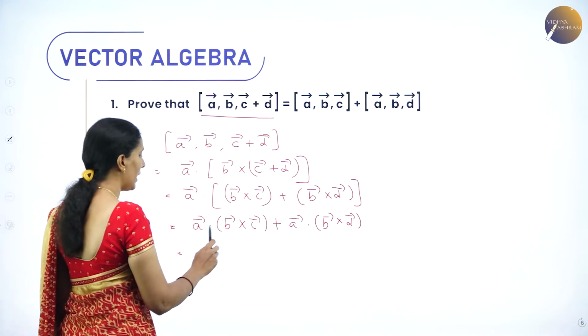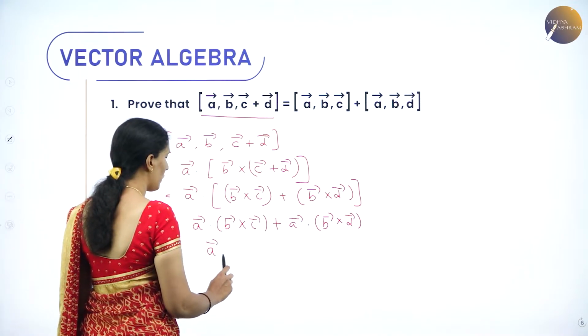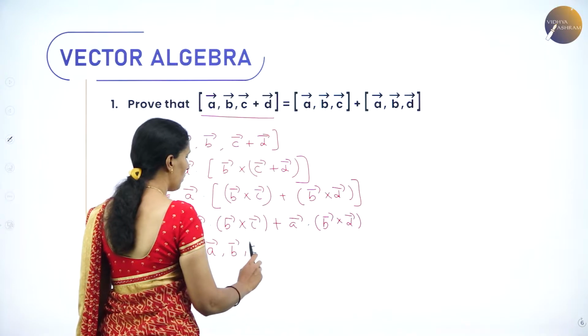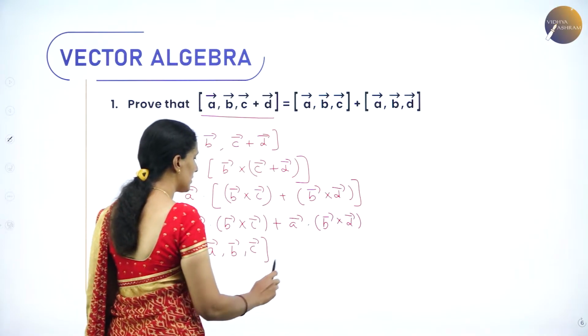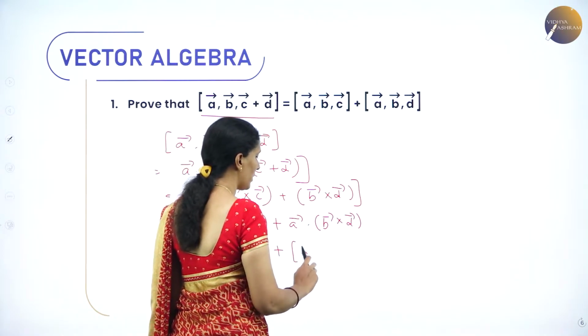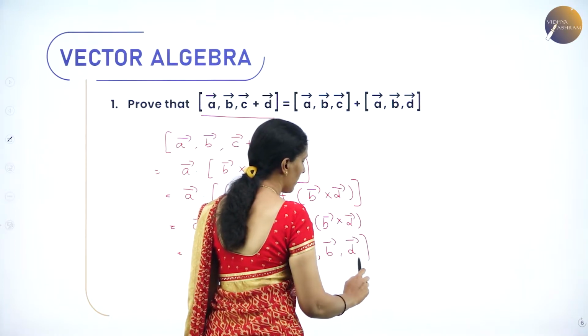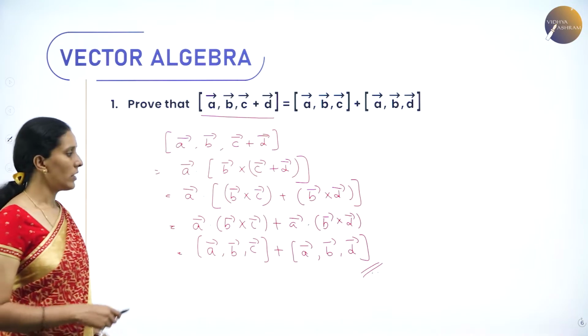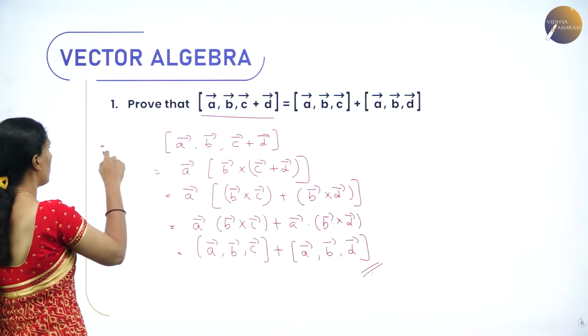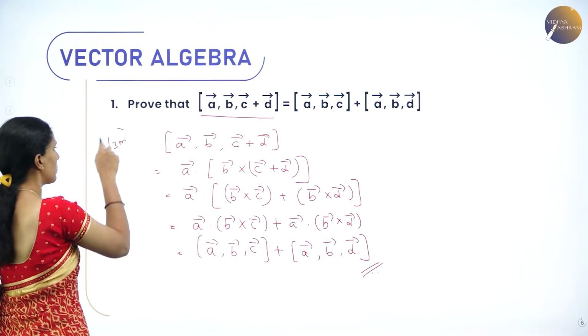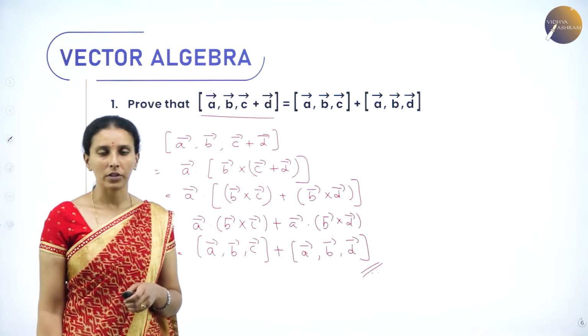So then A dot B cross C can be written as vector A comma vector B comma vector C in box, and here this becomes vector A comma vector B comma vector D. Hence we have proved. So these are very simple 2 mark or 3 mark questions from scalar triple product.